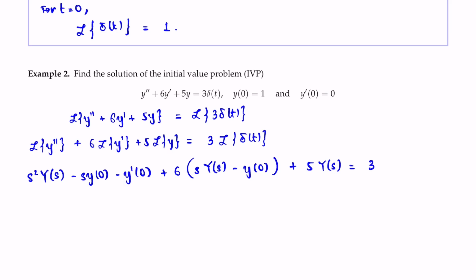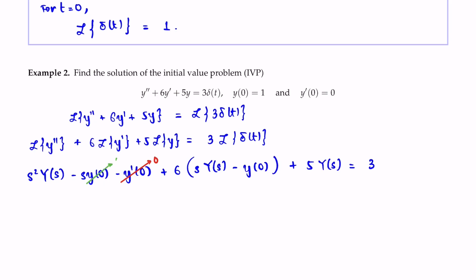Remember, y of 0 is equal to 1 and y prime of 0 is equal to 0. So this is equal to 0, and this is y of 0 equal to 1.